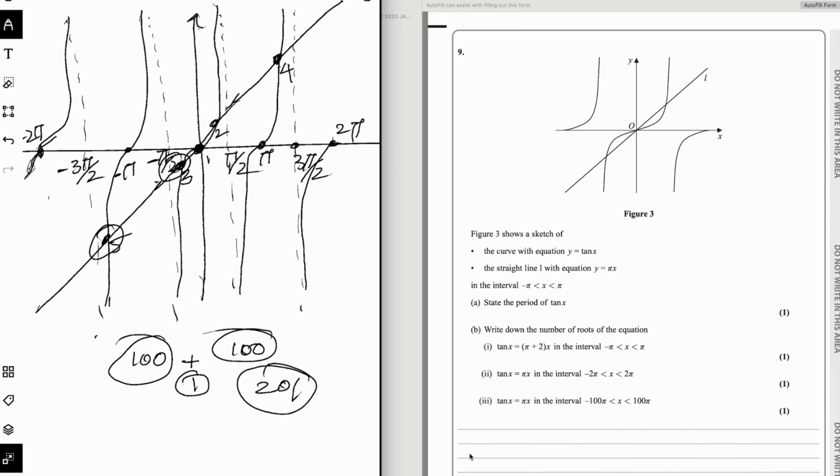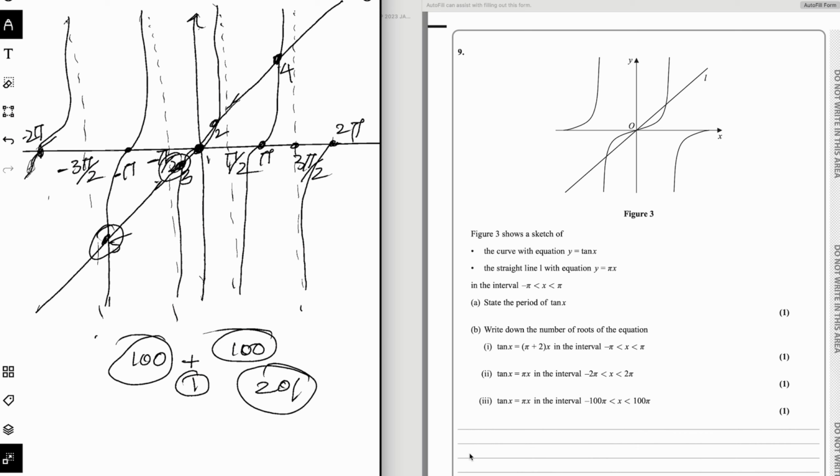You have to know how to draw the tan x curve and what pi x and pi plus 2x are. For one cycle, one period, see how many times it is intersecting, and accordingly you multiply.